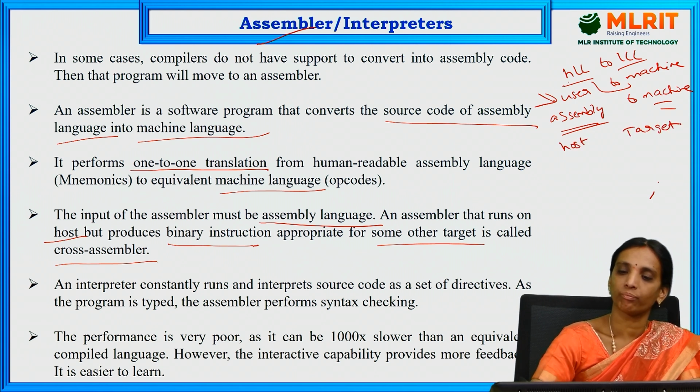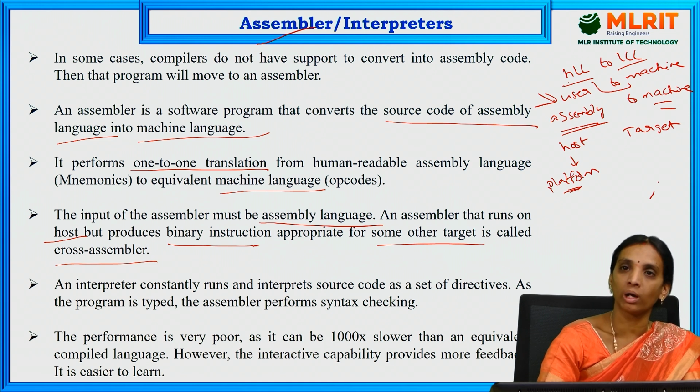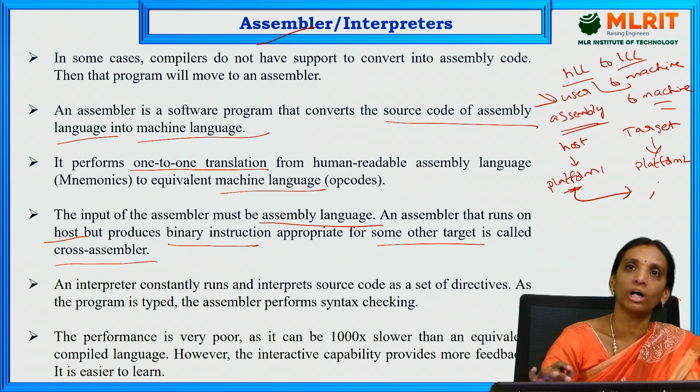If a program is developed on the host machine for one platform, and we have an assembler used for converting that assembly language program to another platform used in the target machine, that means the host machine and target machine are not using the same platform.